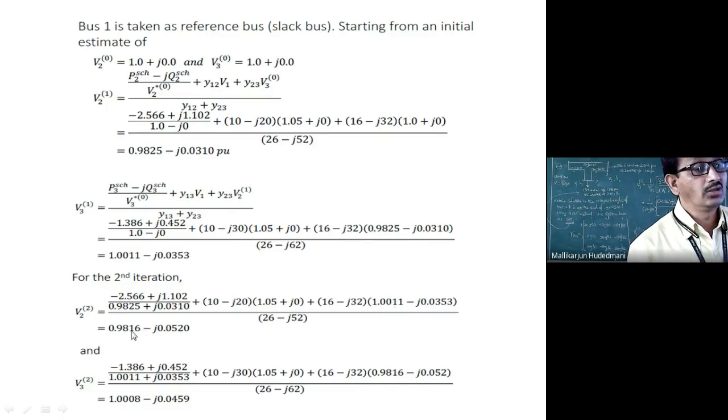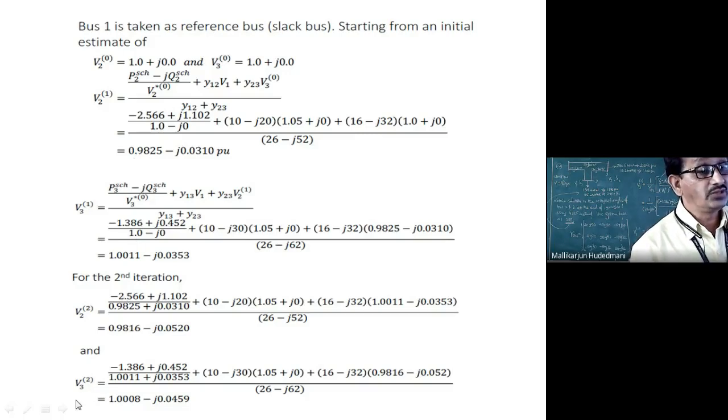If I solve, you would see that the first time, in iteration number 1, V2 was 0.9825 minus j0.0310. When I complete the second iteration, it is 0.9816 minus j0.0520. It is changing the value, but falling very close to each other.